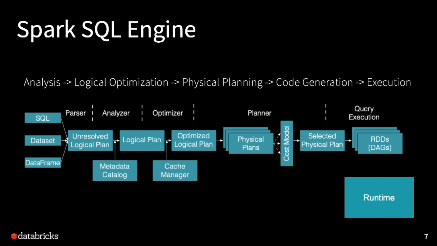Then it's the optimizer, which runs a whole bunch of logical optimization rules and transforms this initial logical plan into an optimized logical plan. Then comes the physical planning stage, in which the logical plan is turned into a physical plan. And the physical plan is further converted to a DAG of RDDs and is ready for execution in Spark core.